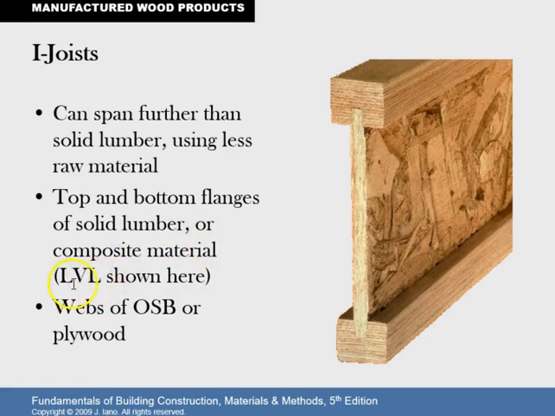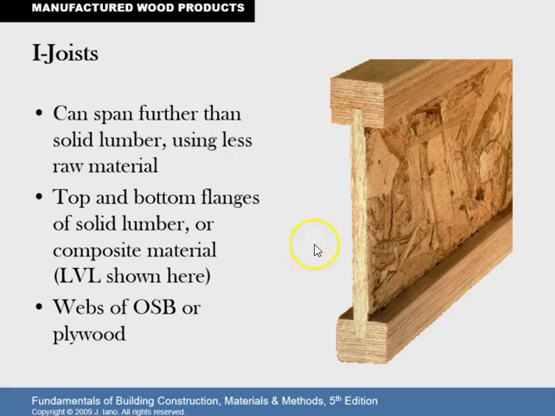LVL is shown here, that's the laminated veneer lumber, and those are the laminates. And then the web is OSB or plywood. This is the web, and that is the OSB, oriented strand board, made up of the shavings. So a very, very efficient and popular choice for joists, for residential and low-rise construction.